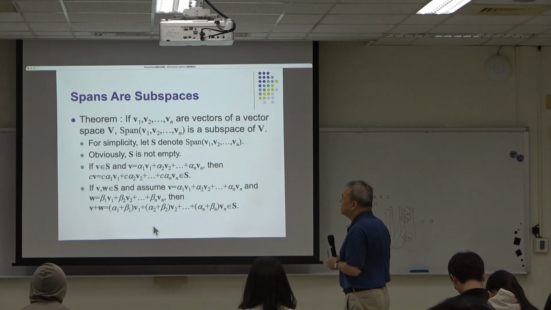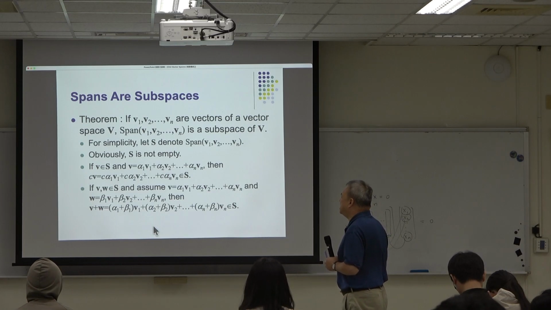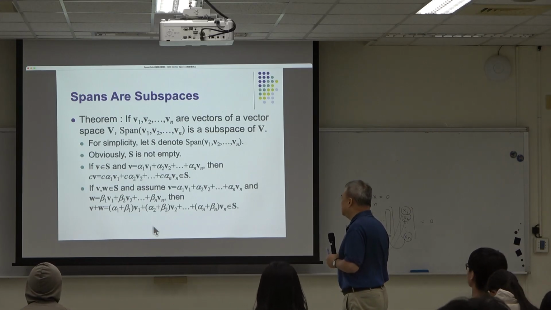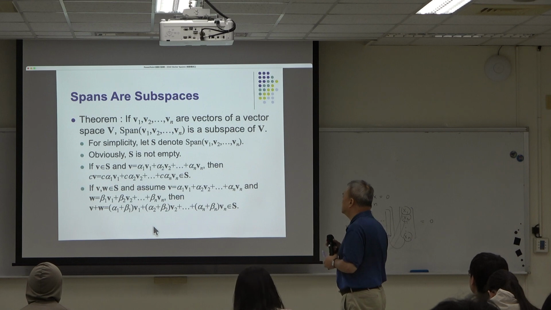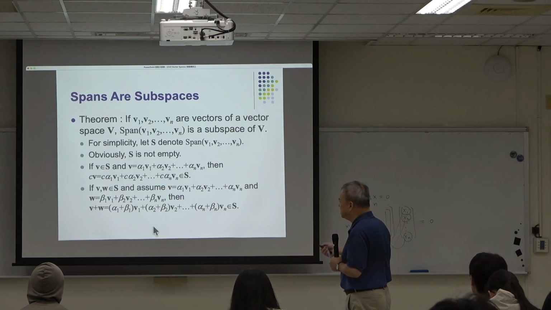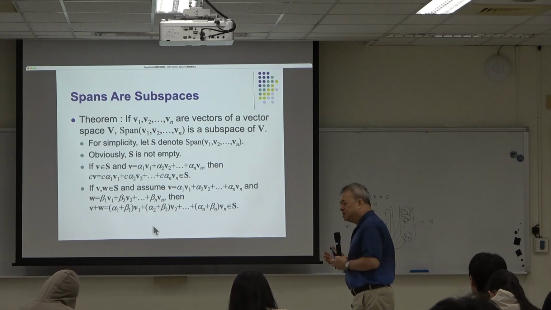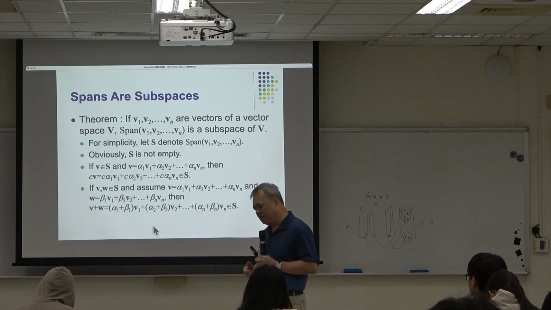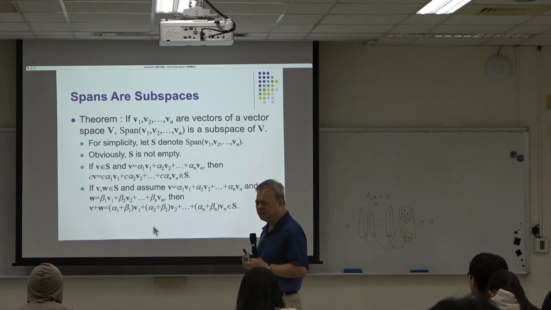So actually, the span of any set of vectors is a subspace. If b1 to bn are vectors of a vector space V, because they are vectors, they obviously belong to a certain vector space.